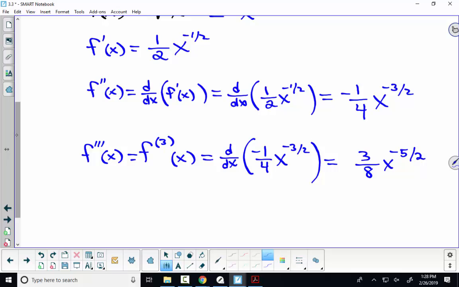Other times, with a function like this, for instance, we would continually be able to take derivatives. So we could find the 30,000th derivative of this. I don't know why we would, but we can. Do y'all have any questions on that example or higher order derivatives in general?